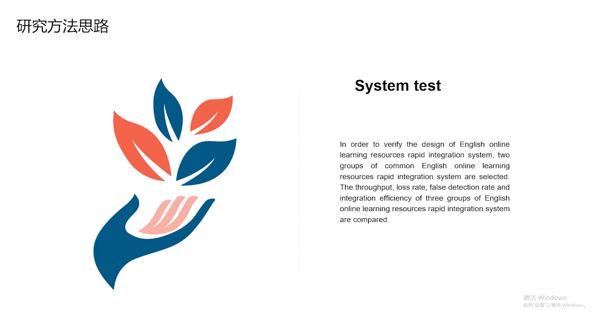In order to verify the design of the English online learning resources rapid integration system, two groups of common English online learning resources rapid integration systems are selected.